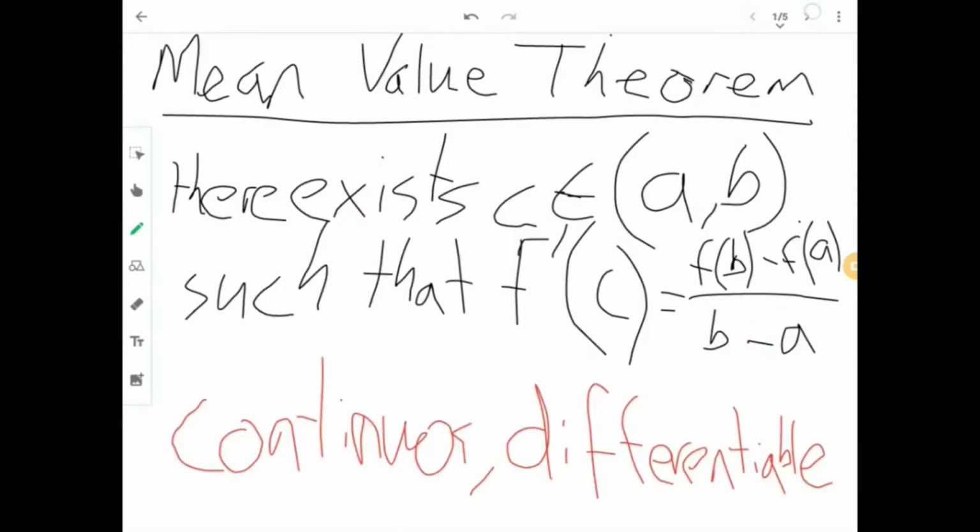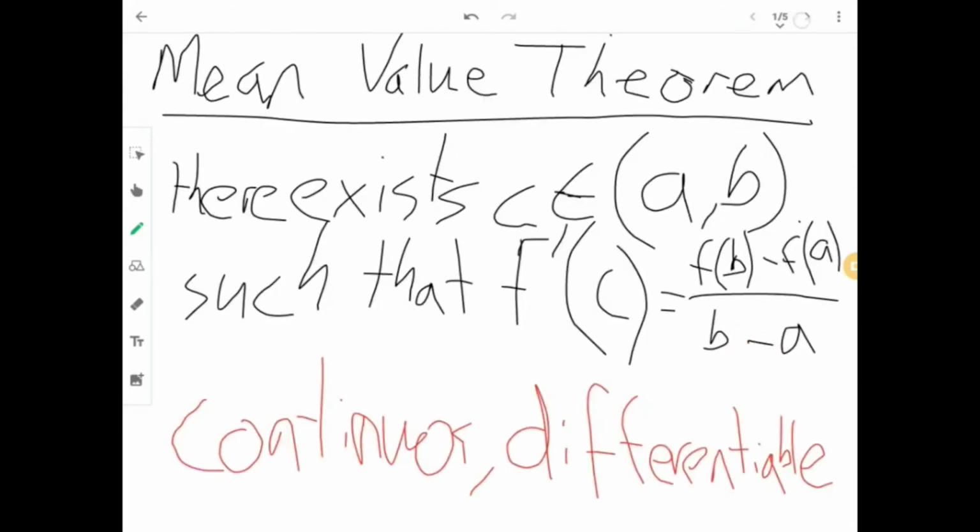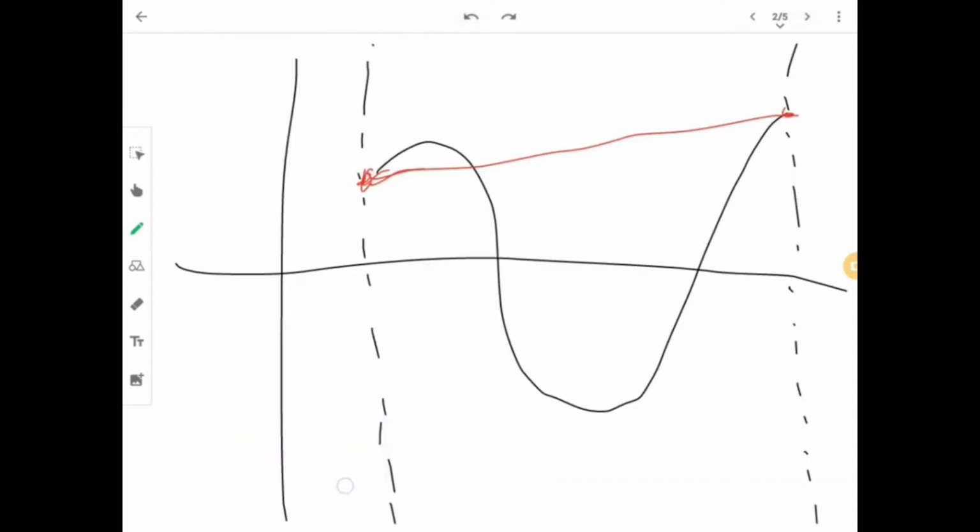Visually you can tell. Yeah, around that way. It's a tangent, by the way. It's this point somewhere.